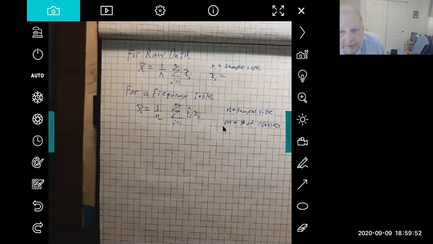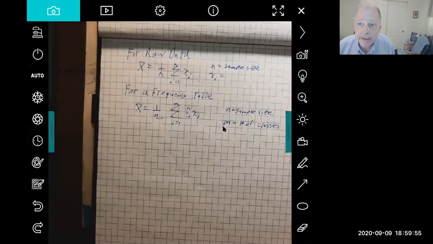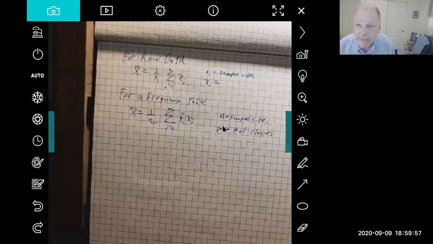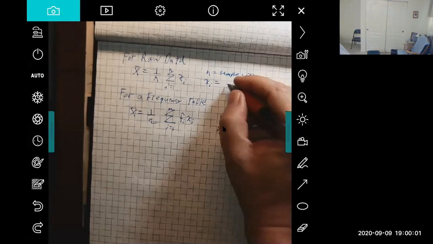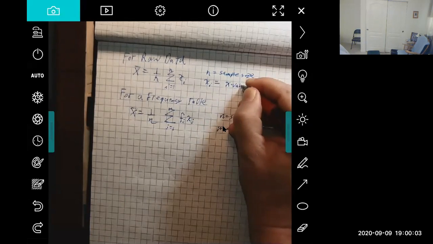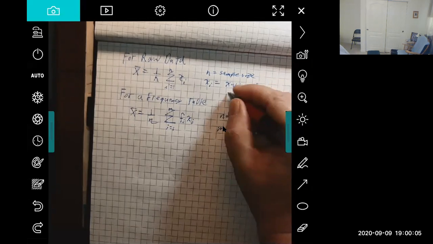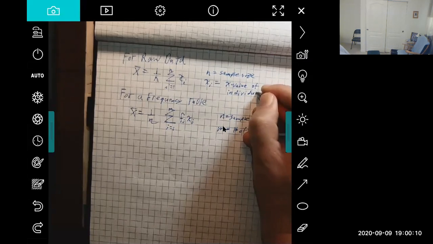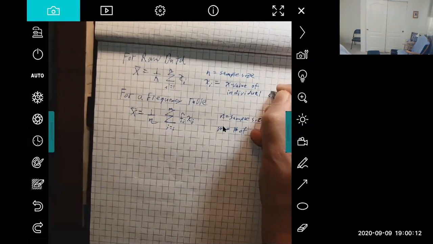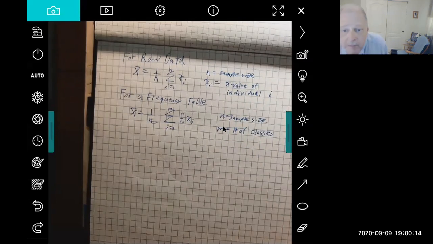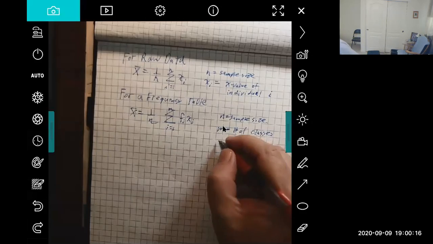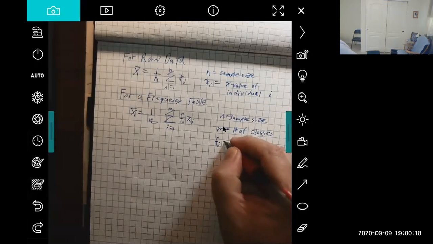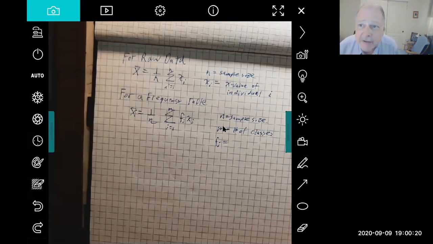Just to compare the formulas, like in the first one, x sub i was the x value of individual number i. But down here, the f sub j is the frequency of class j.